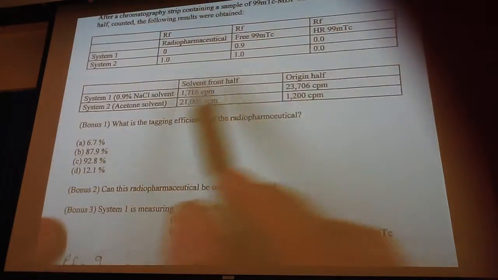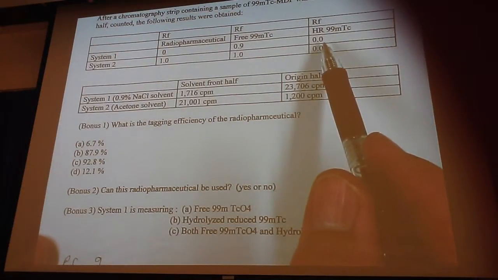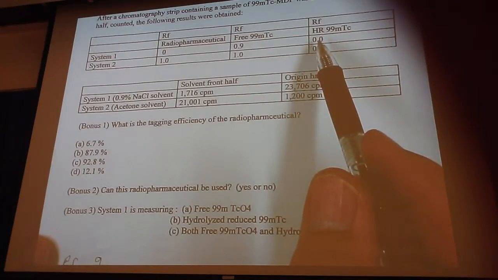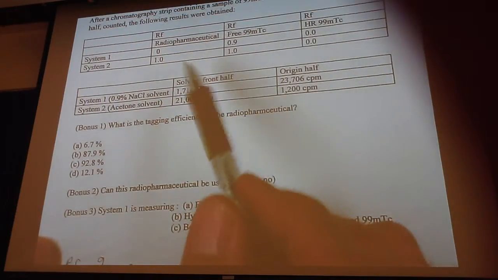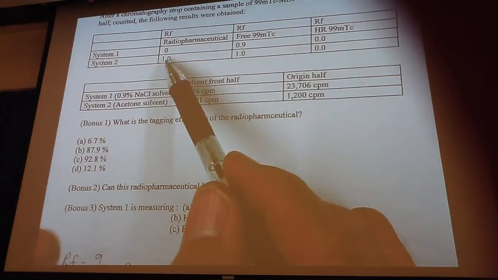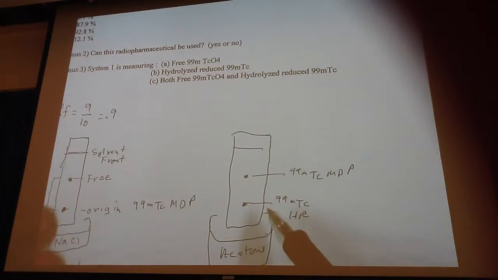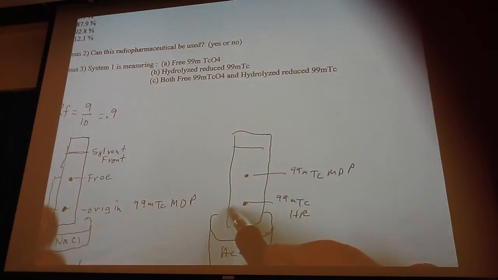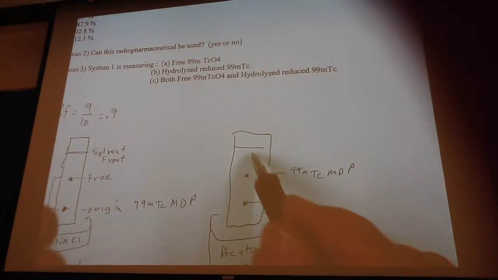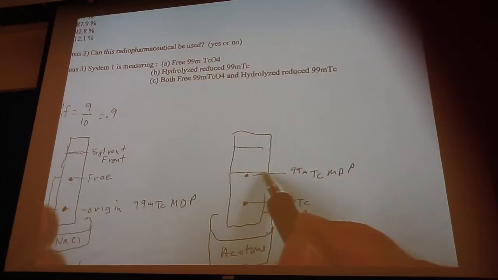And on system 1, hydrolyzed reduced technetium does not move either. So it stays in the origin along with your radiopharmaceutical. That's why you have to do the second test for it. And that's what it's saying here. On the second test, your radiopharmaceutical, the MDP, will actually travel with the solvent. So I should actually have the solvent line up here.